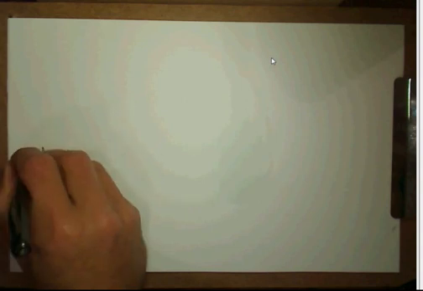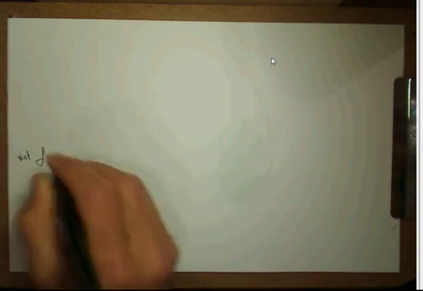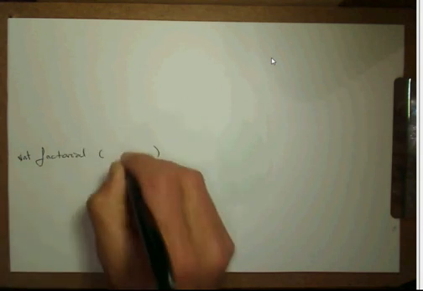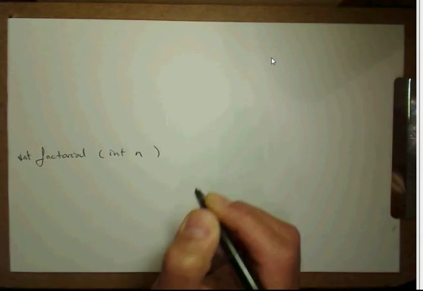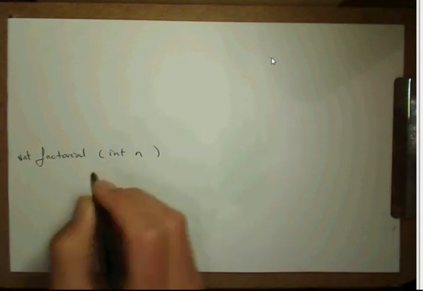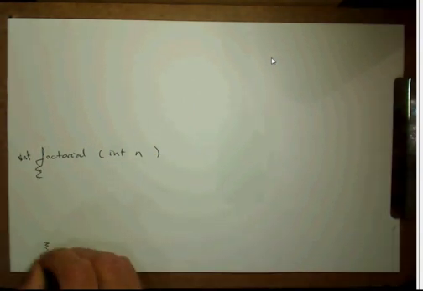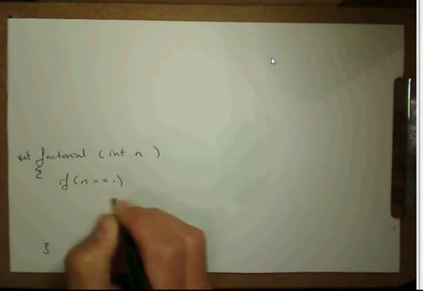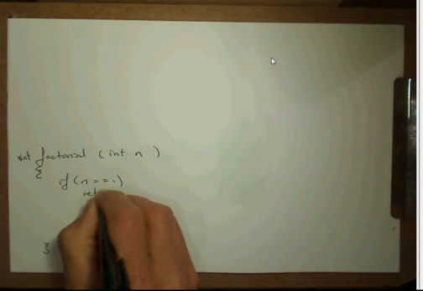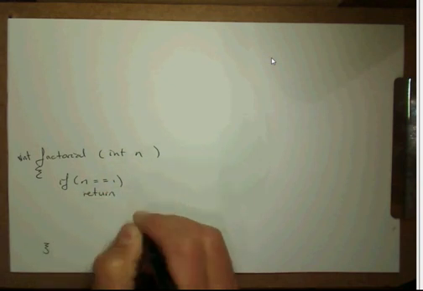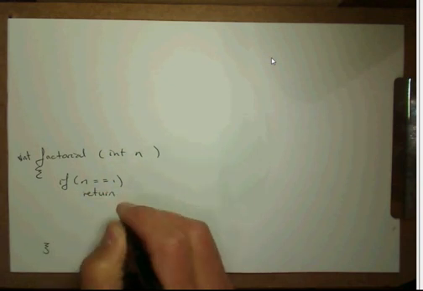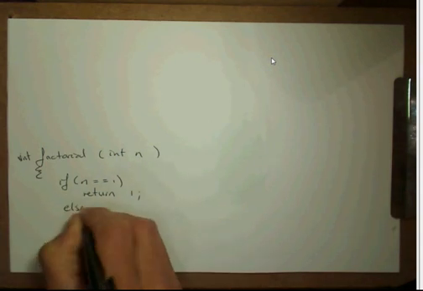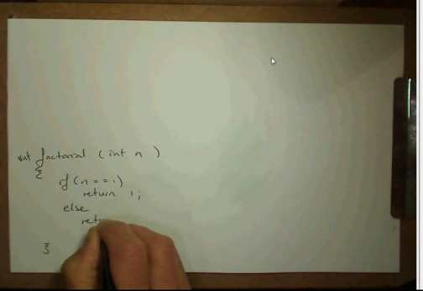We declare our function to return an integer, factorial, and to get an integer that we're going to call n. And inside here, all we're going to do is say if n is equal to 1, the result of this function should be 1, else this function should return something else.